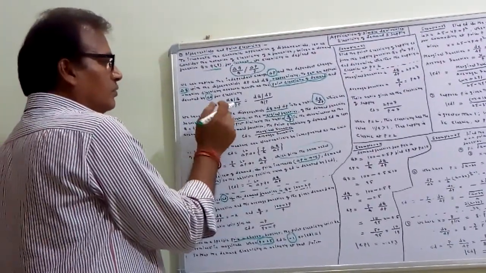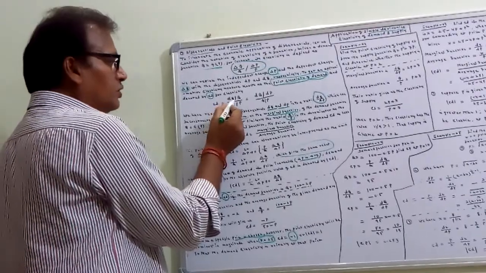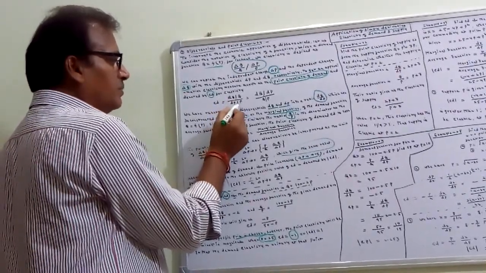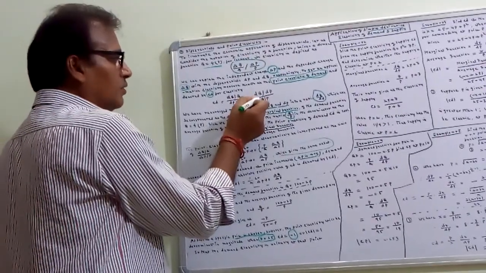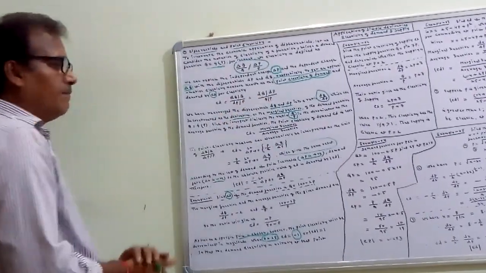ED equal to dQ by Q whole divided by dP by P equal to dQ by dP whole divided by Q by P.